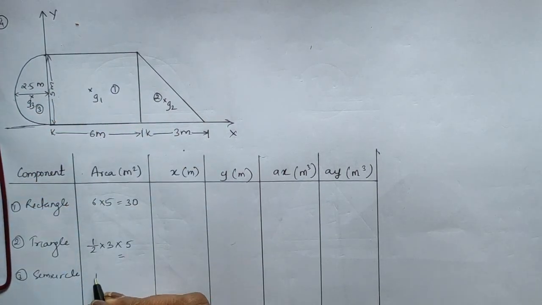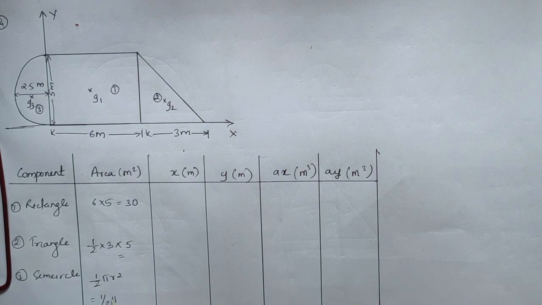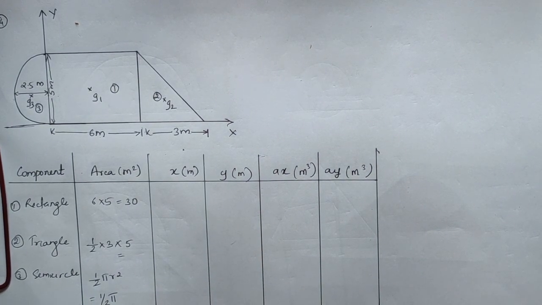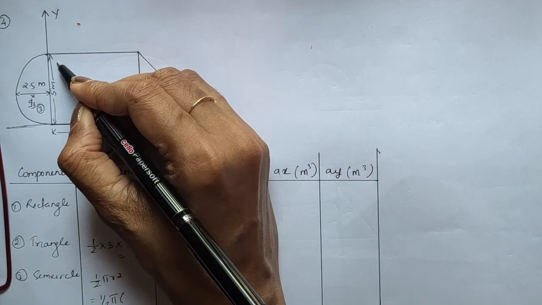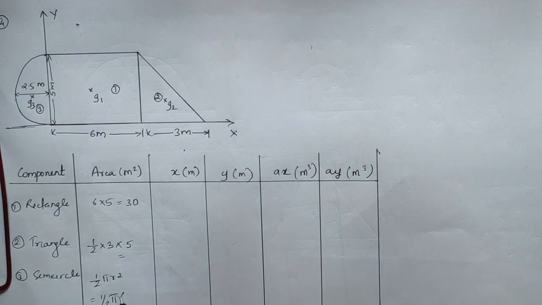Next we have the semicircle. The area of a semicircle is half pi r square. Here r is 2.5. Don't make a mistake, don't write 5, because the radius is only 2.5. So you can write 2.5 whole square.